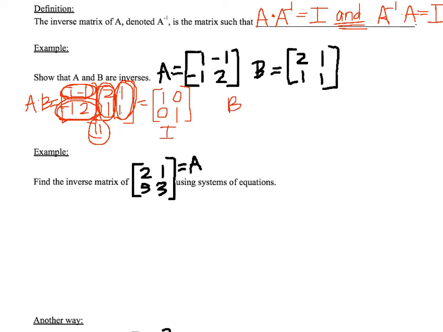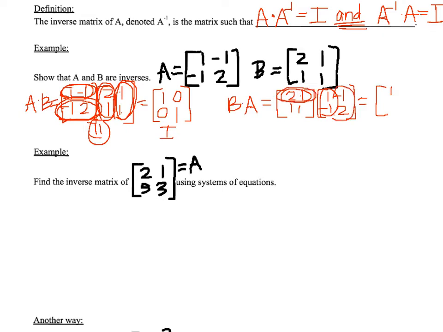Let's try the other way, though, because you have to prove that it works in both directions if they are inverses. So I start with B, and I multiply by A. And again, I go the same way. First row by first column, 2 times 1 plus 1 times -1 gets you 1.